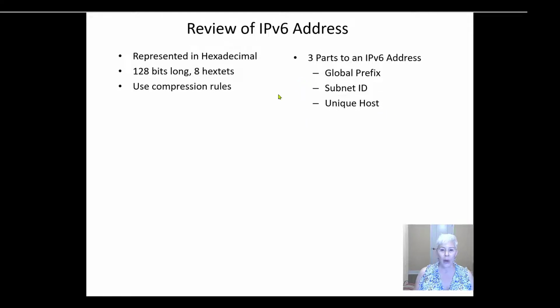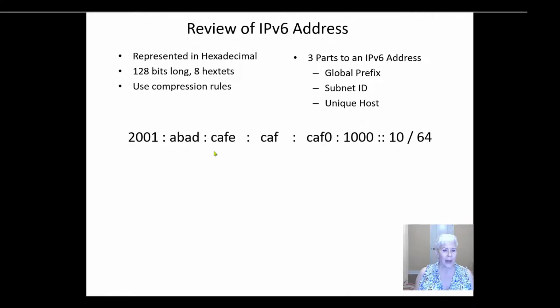And the unique host portion can either be set up manually or with static addressing, or you can use some sort of auto configuration. Here's a quick look where we have set up an IPv6 address. We've used the compression rules to show you a way to write this.